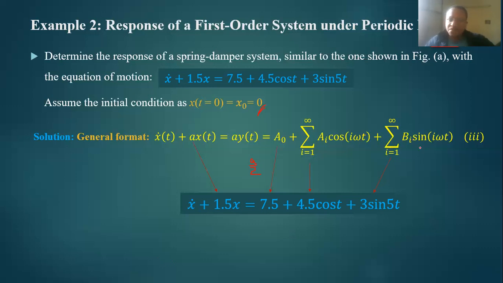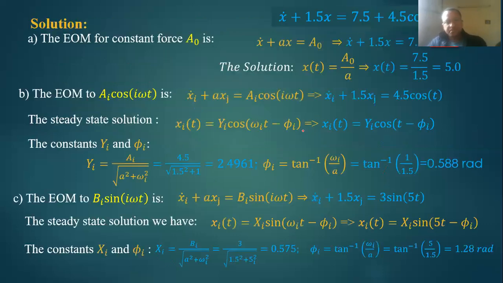Similarly here, the summation of bi is 3. i omega t is equal to 5t, which means i omega is equal to 5. So this is the correlation between the general form of the equation and the present equation.